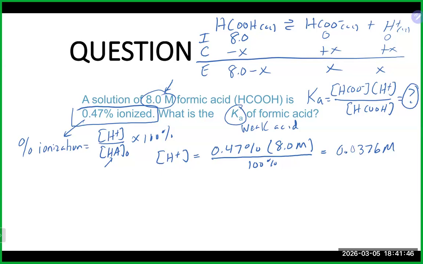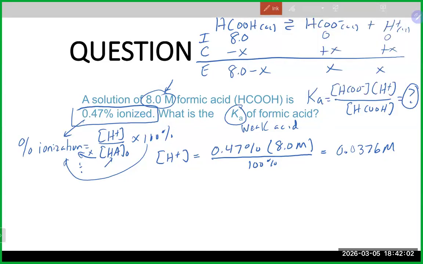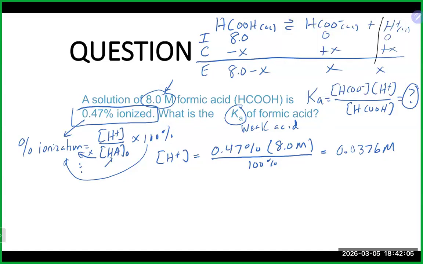First off, any question on that calculation there? So basically I multiplied this to the other side, divided that to the other side, to get everybody over there. All right, why is that helpful? Well, if I go to my ICE table, I should hopefully be able to see that when we reach equilibrium, the H plus concentration is equal to x.